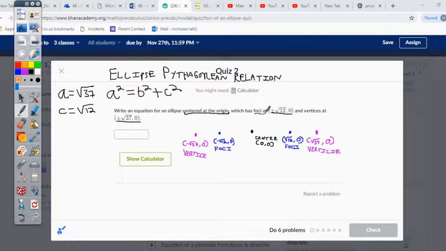because the foci and the vertices change horizontally. Knowing from the foci that the coordinates are changing horizontally tells us that this is a horizontal ellipse.